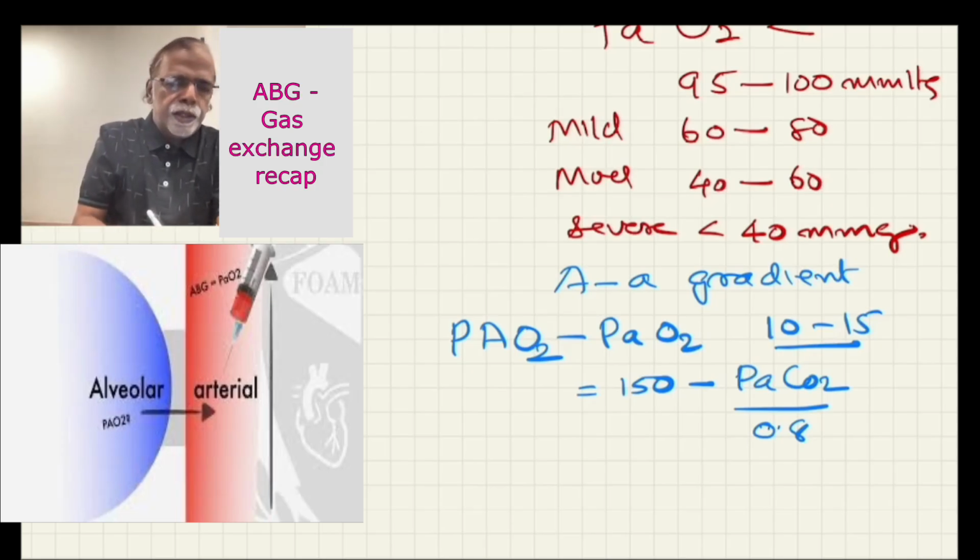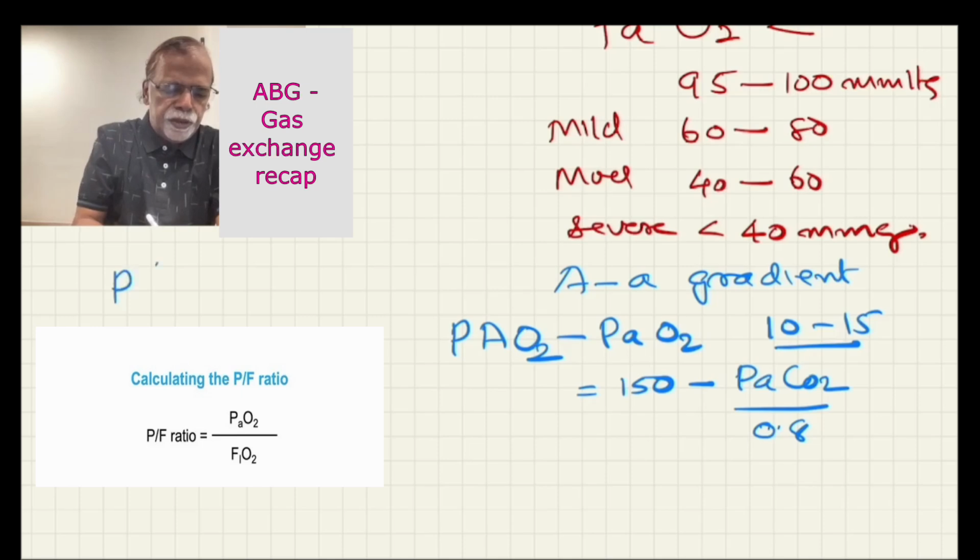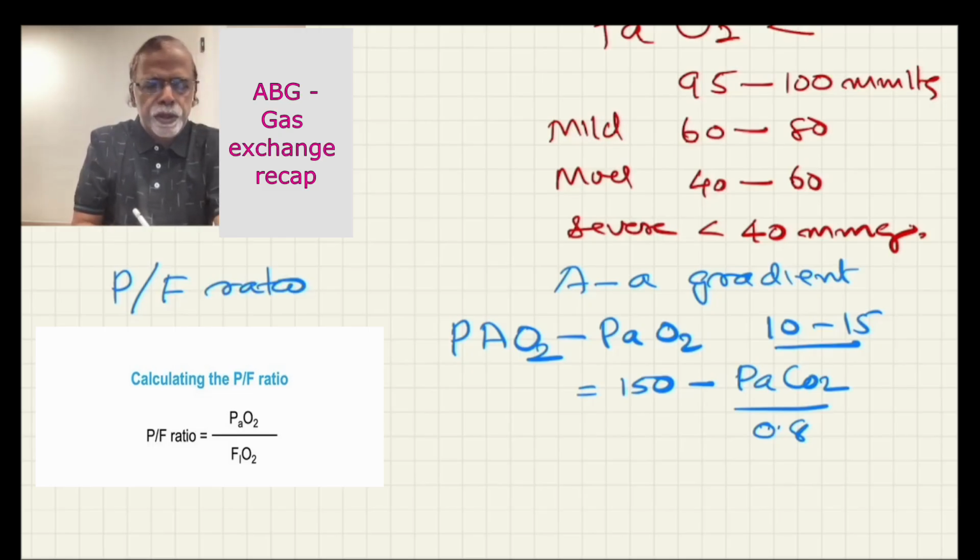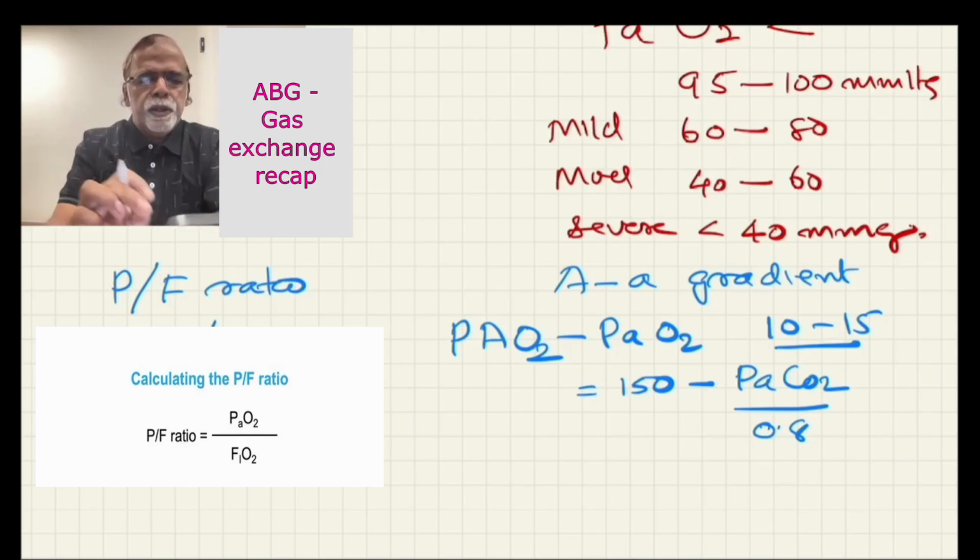One more important calculation you should remember is the PF ratio. PF ratio stands for the PaO₂, partial pressure of oxygen in the artery, divided by FiO₂. This is mainly for calculating whether the patient has ARDS or not.